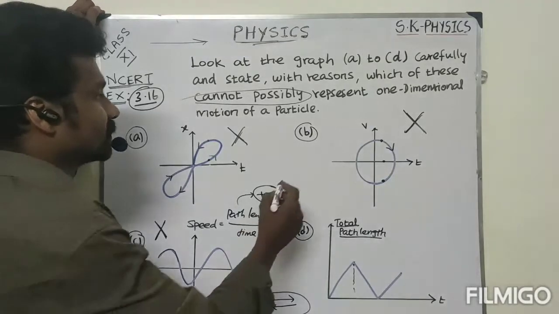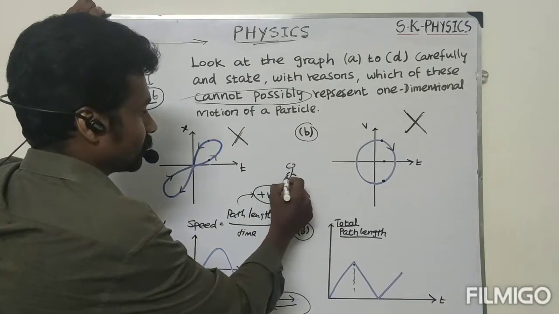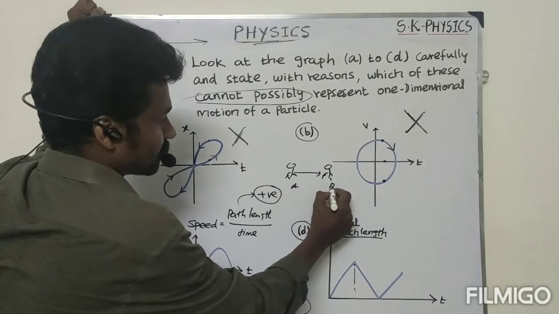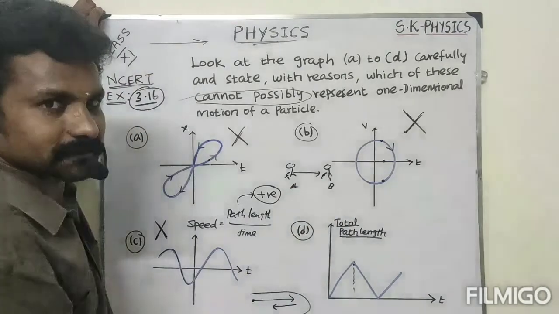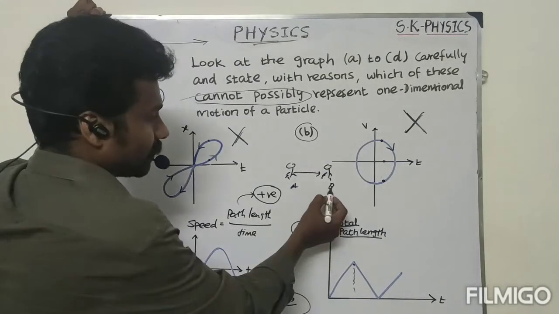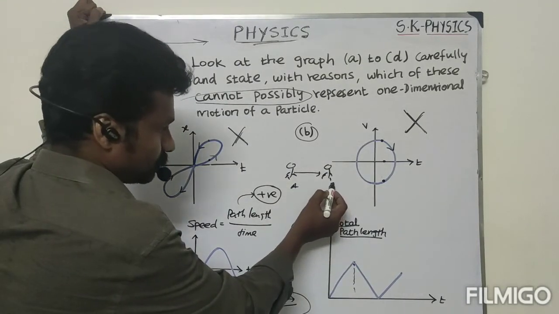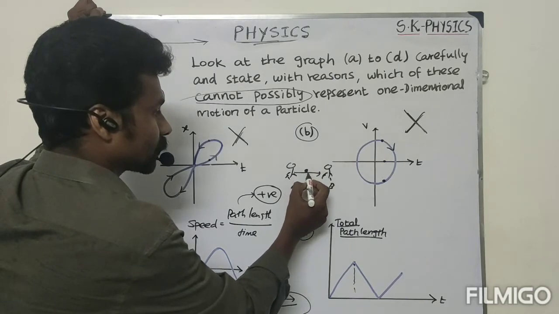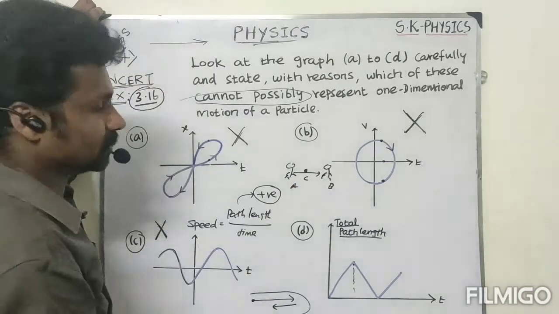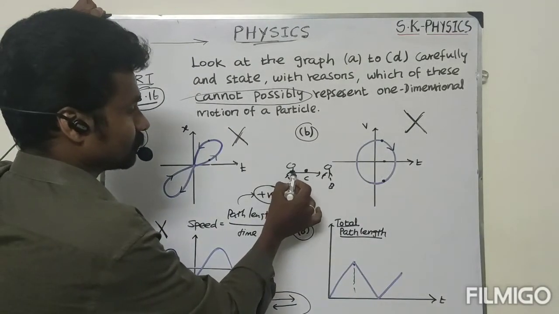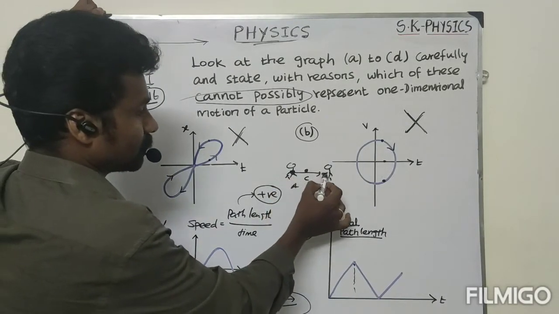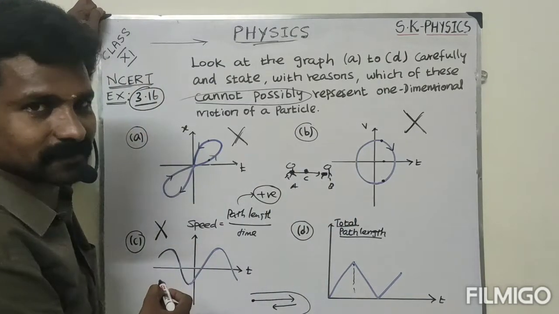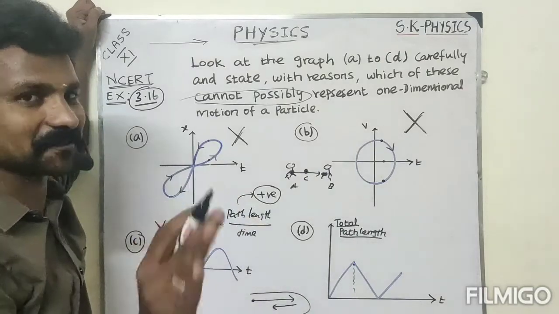I'm standing here, I move from A to B position, again I move from B to C position. Initially I am at A, I move to B, finally I reach C. My path length is not reduced.